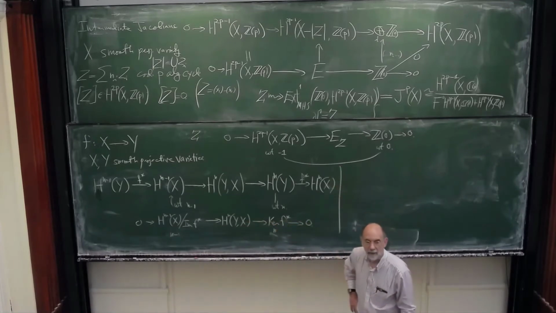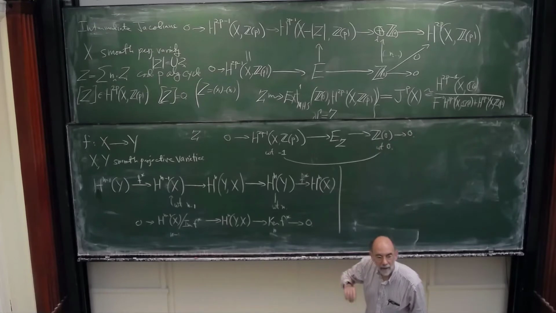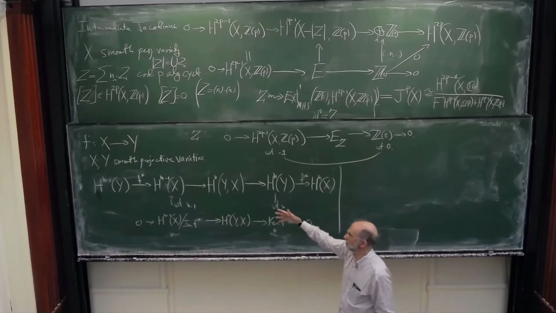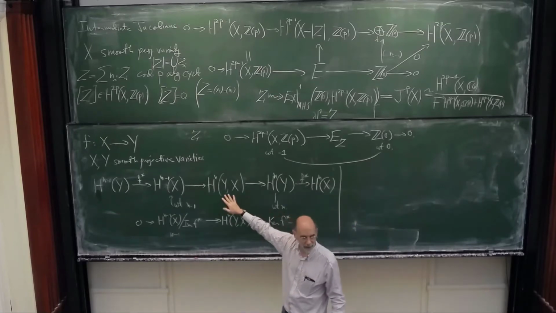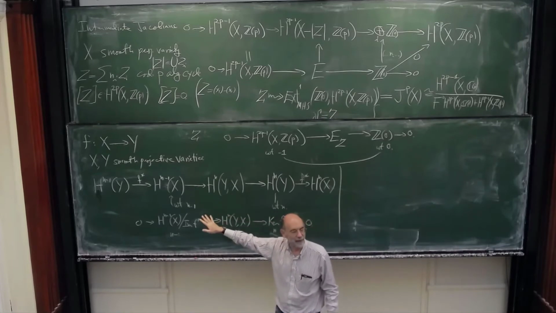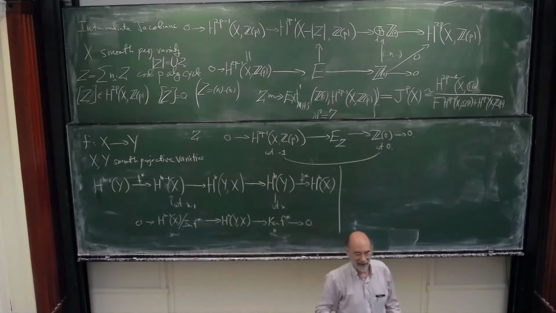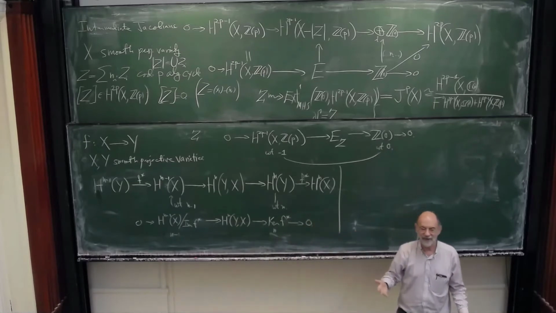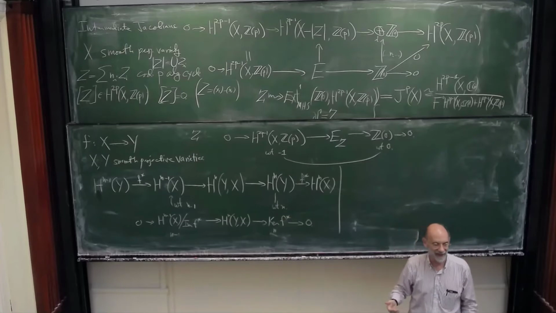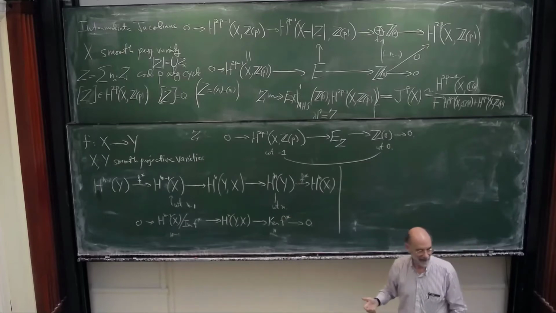So this is a little bit strange here, because you said I have a map x to y, and then you wanted to introduce H(y, x).